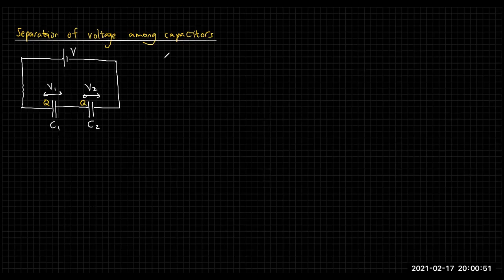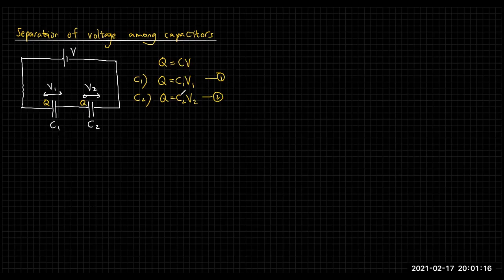Now let's consider this. We know the equation is Q equals CV. If I apply this equation for the first capacitor, it is going to be Q equals C1 V1, where C1 is its capacitance and V1 is the voltage across it. If I apply the equation for C2, it is going to be Q equals C2 V2. That is the second equation.